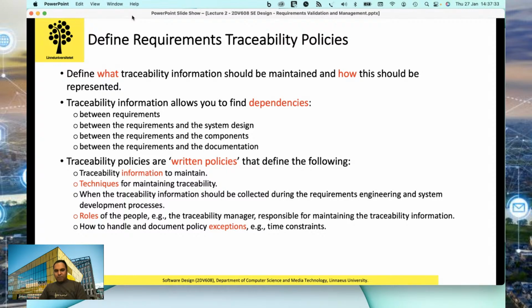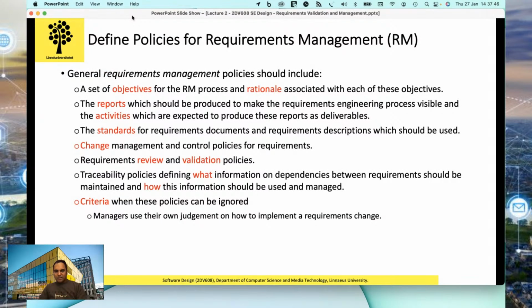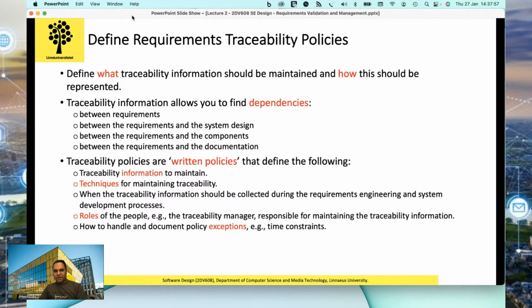So traceability policies are most often written policies, and again, similar to the previous slide where we mentioned what those different items are that should be defined as part of the requirements management policy, we have a similar list that should be defined as part of our traceability policy, or the information that we want to store if we want our requirements to be traceable.